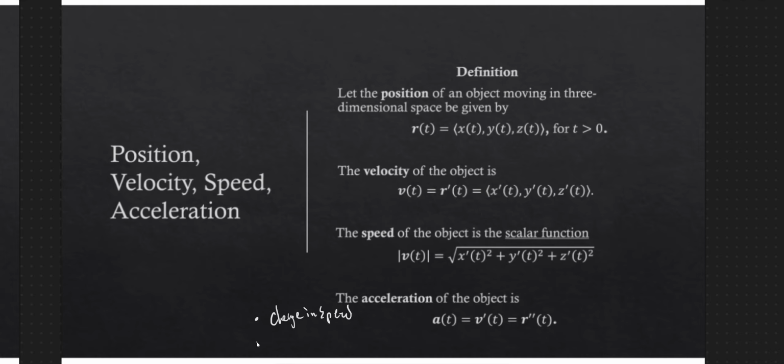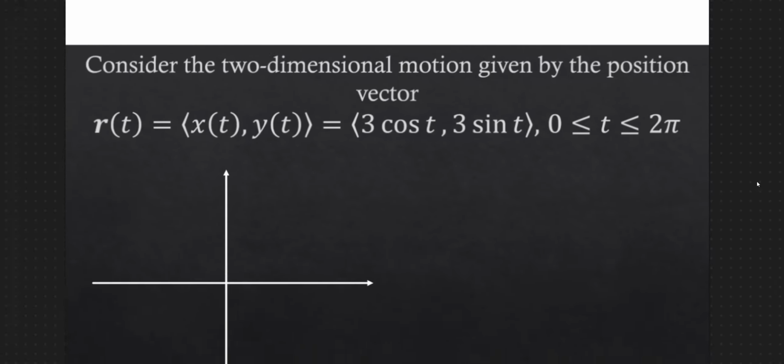We can get a change in speed, or we can have just a change in direction. So it's possible my object is not changing speed at all, it's going at a constant speed, but if it's changing direction, that means the acceleration is going to point in the direction of that change. That's the idea. So to illustrate this, let's work through an example.